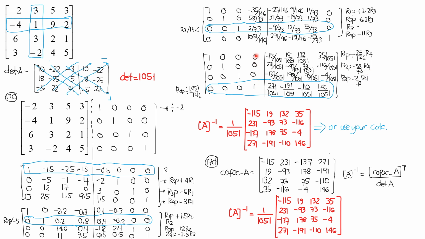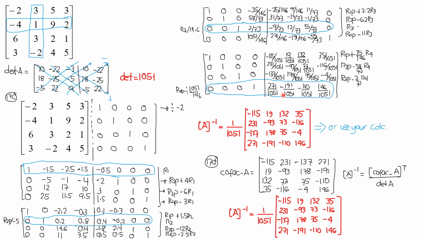That's why we get these elements of row 2. Then row 3 previous, minus 2 over 73 of row 4. 2 over 73 minus 2 over 73 times 1, that's why we have 0 here. And these are the new elements. So since this is now an identity matrix, this is the inverse of matrix A.